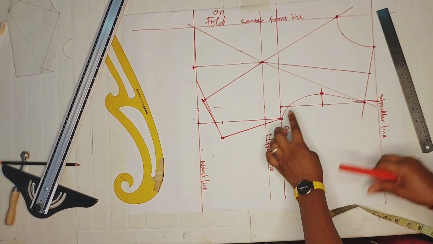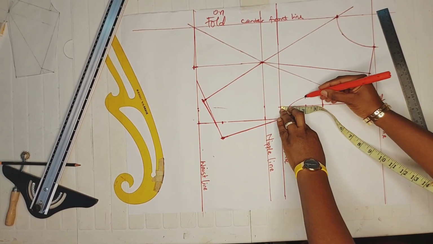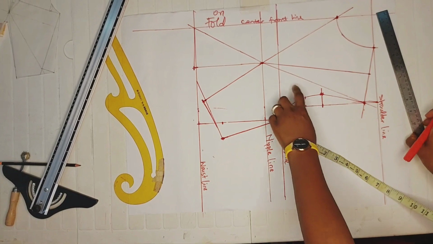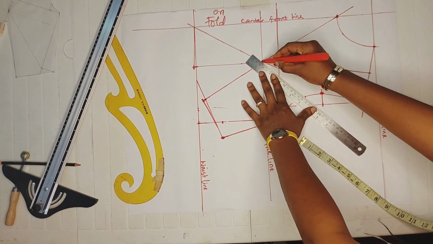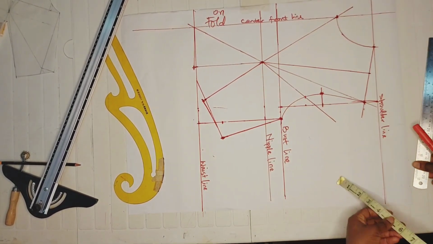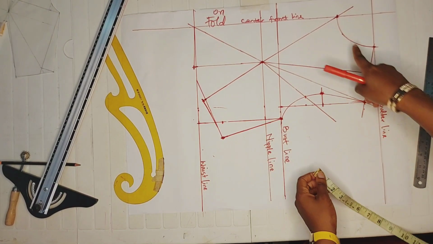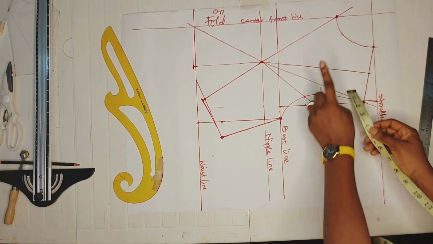From the bust line, measure upwards 2 inches on the armhole area and connect it to the nipple point. Measure from this point to the highest point of the shoulder and mark the middle point.